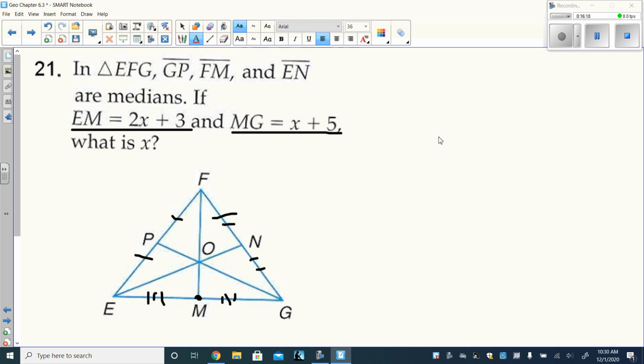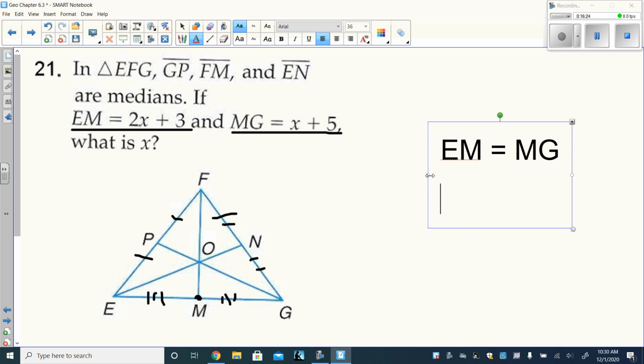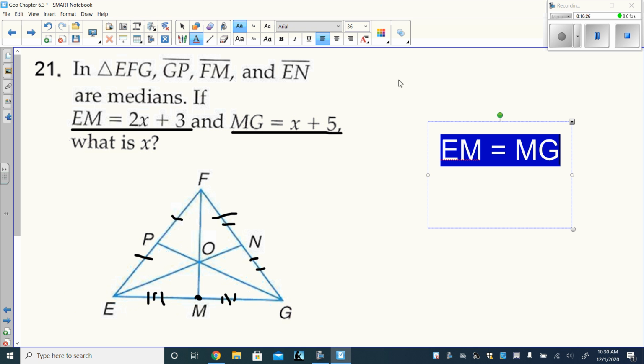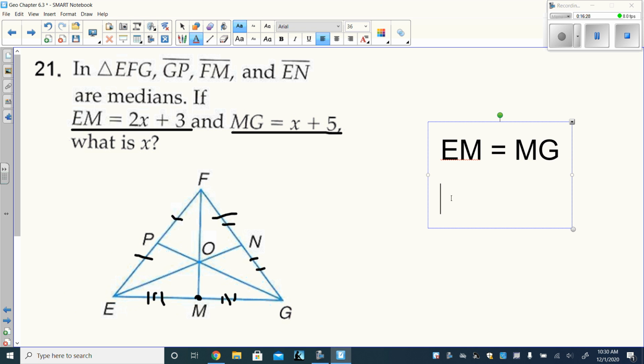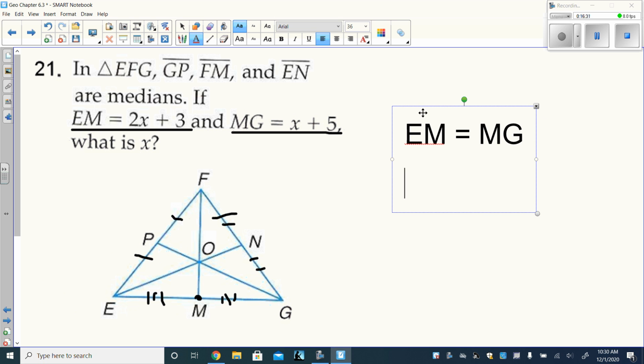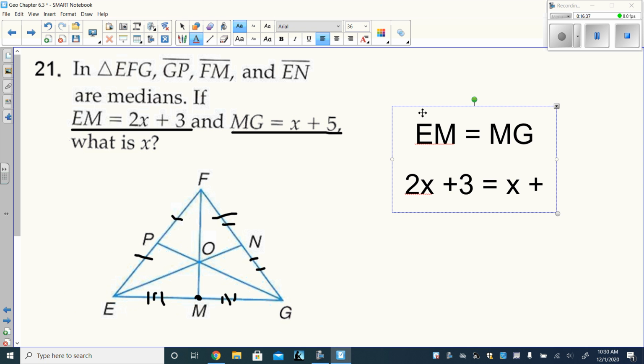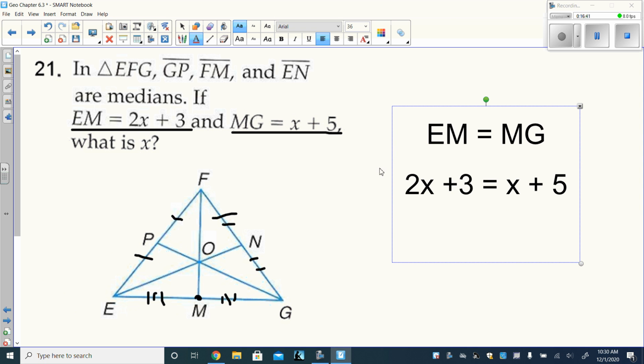Because of our theorem, we know that EM is equal to MG. That's just one of the theorems that we do know for sure. So what that tells us is that 2x plus 3 is equal to x plus 5. These are going to be equal because of the fact that it is a median.